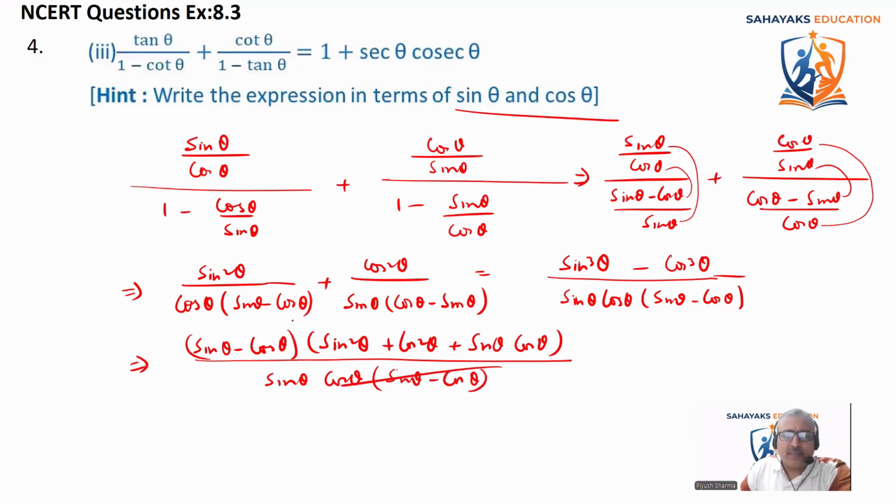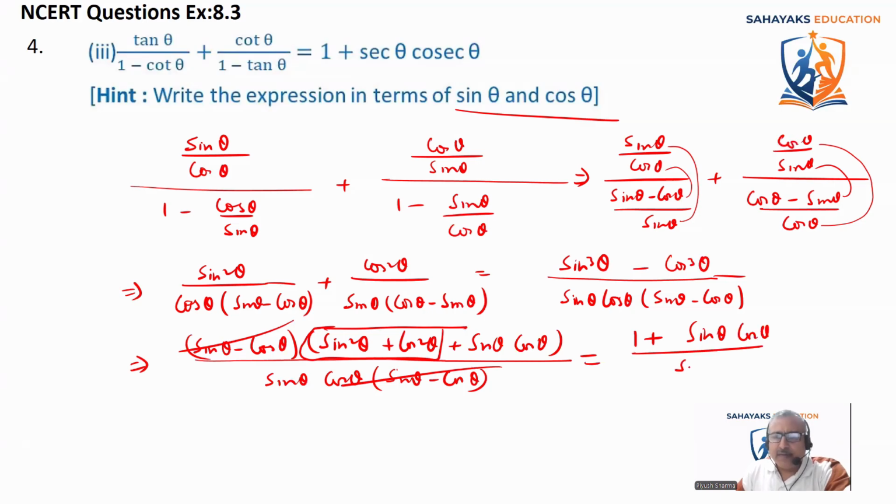Now sine theta minus cos theta will cancel out. What is left is sine square theta plus cos square theta. This part will become 1. So it will become 1 plus sine theta cos theta divided by sine theta cos theta.